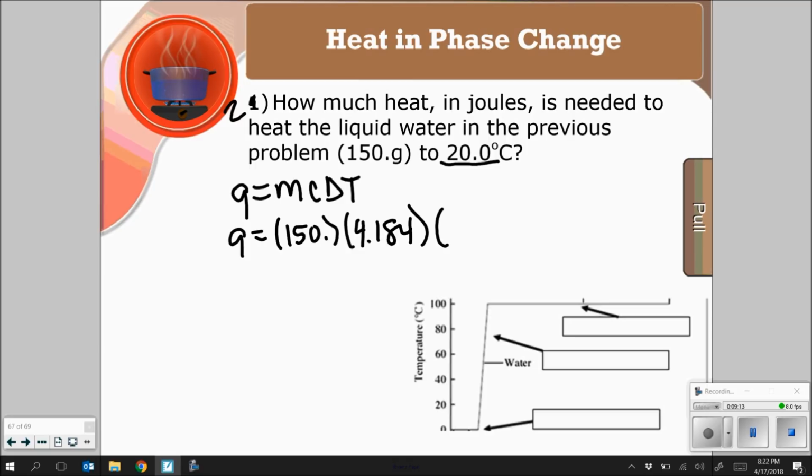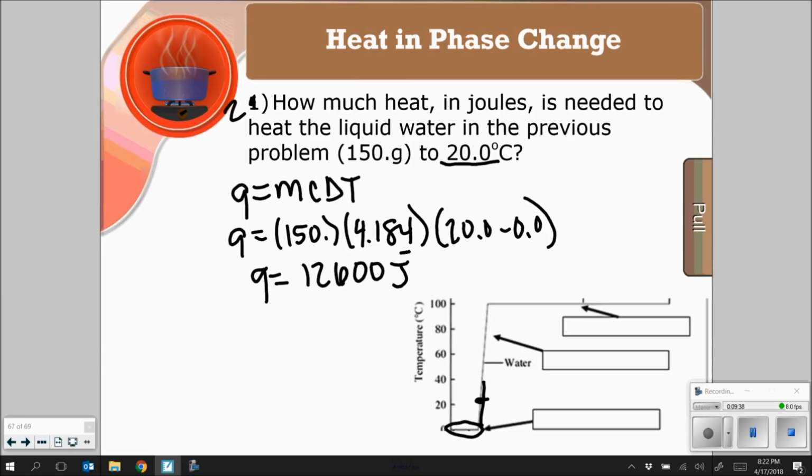But remember, if I'm piggybacking off the previous problem, we melted that ice at 0 degrees, and now we're heating it up to 20 degrees. So it started at 0 degrees. So my final minus initial is going to be 20.0 minus 0. For my Q value, in order to heat this water up, it's going to be 12600 joules with 3 significant digits.